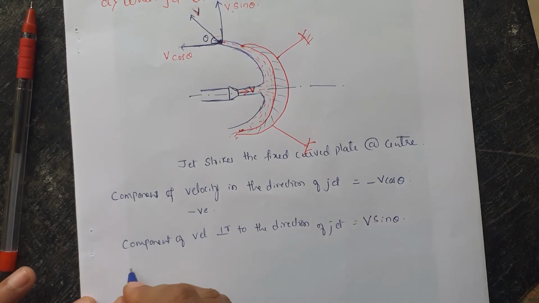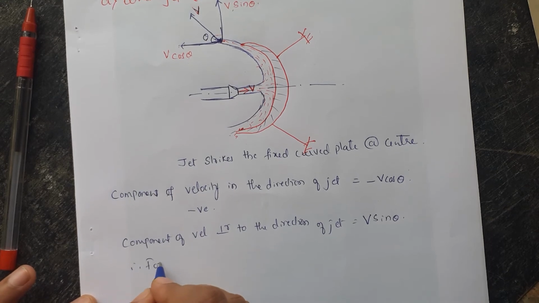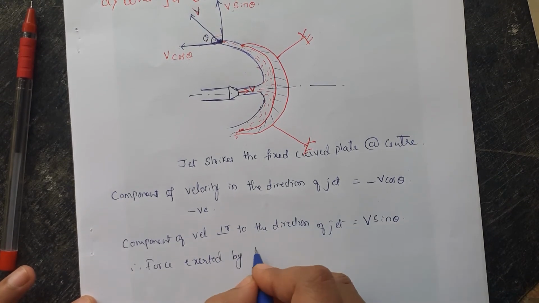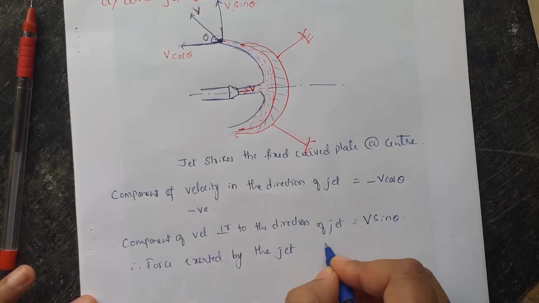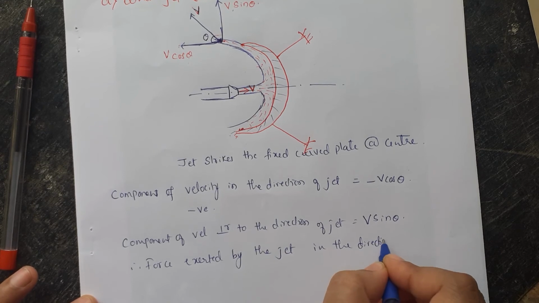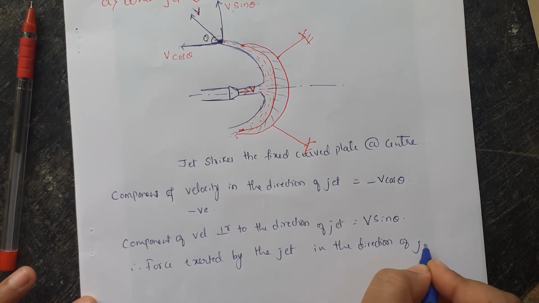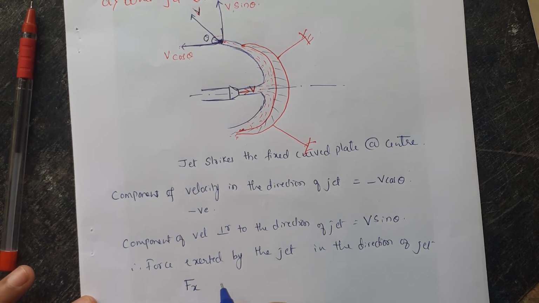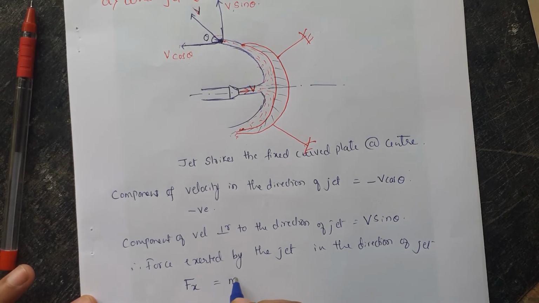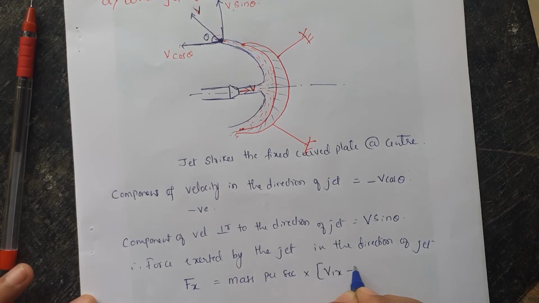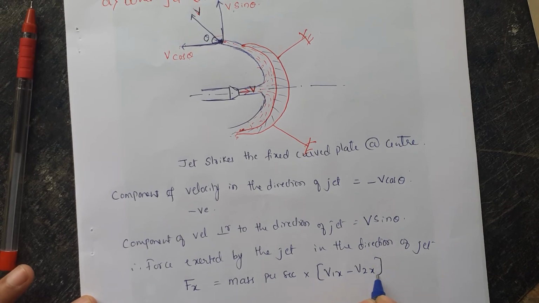Now therefore force exerted by the jet in the direction of jet, that means Fx. So Fx is equal to mass per second into (v1x minus v2x).